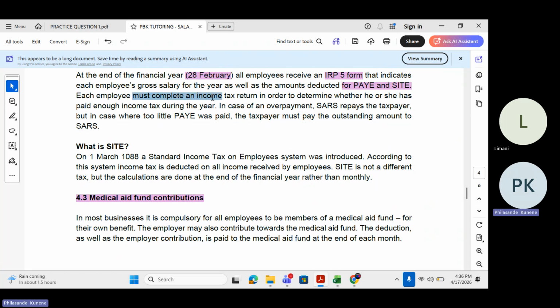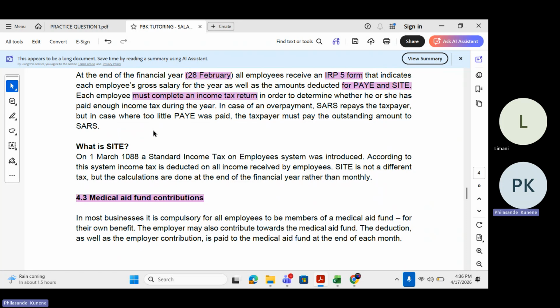Each employee must complete an income tax return in order to determine whether he or she has paid enough income tax during the year. In case of an overpayment, SARS repays the taxpayer, but in case too little pay-as-you-earn was paid, the taxpayer must pay the outstanding amount to SARS.